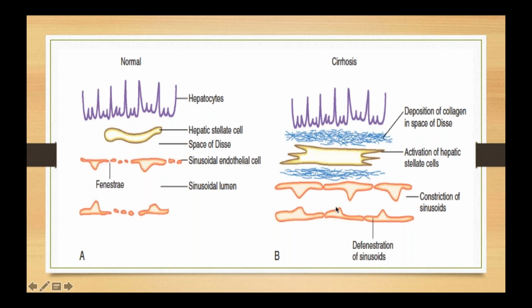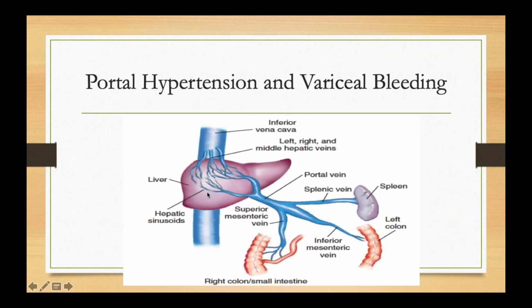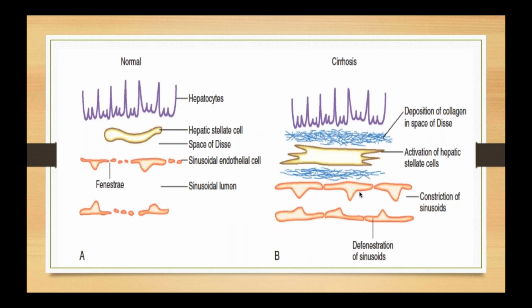Whenever there is contraction in the sinusoids, the pressure in the portal vein increases. The size of the portal vein starts increasing. Because of the back pressure, the spleen size also starts increasing. Whenever the spleen size increases, it starts engulfing the platelets and later the RBCs and WBCs also.